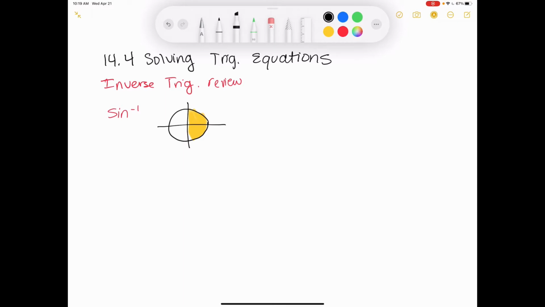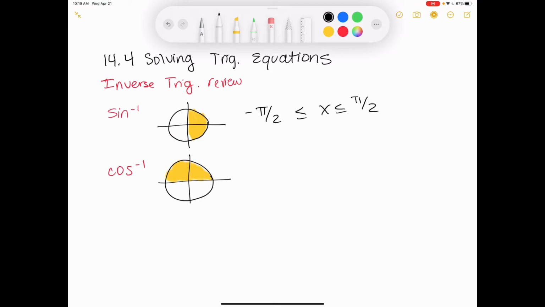Specifically from negative pi over 2 less than or equal to x less than or equal to pi over 2. How about arc cosine? Top, right? Yep, top. Correct. So it is from 0 less than or equal to x less than or equal to pi.